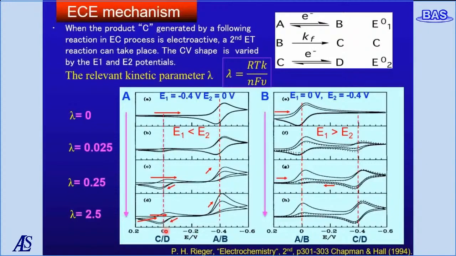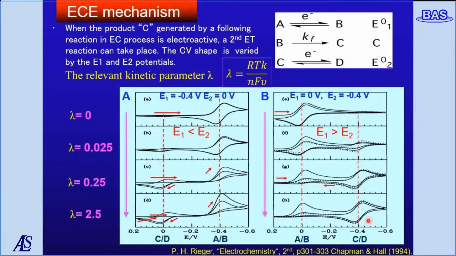The second case, B, is where C is less easily reduced than A. For lambda equals 0, this is the slower chemical reaction rate, only the AB couple waves are seen. When the lambda value increases, which means the following reaction rate becomes faster, at a more negative potential the CD couple wave appears and increases with increasing lambda values.